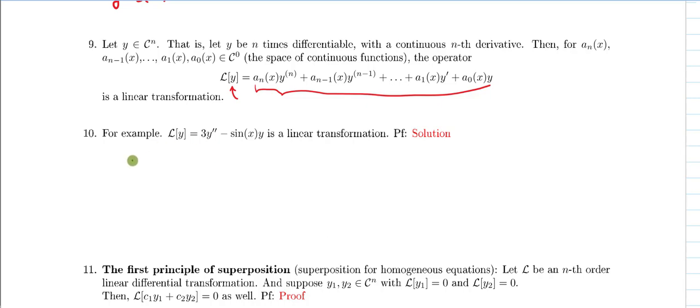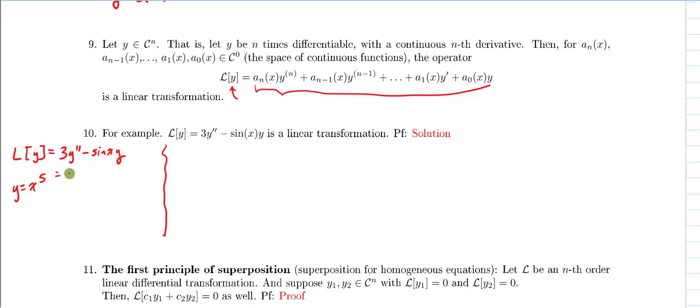Let me just convince you, before you do the proof, that what we're talking about is a linear transformation. I could take the function y equals, I don't know, x to the 5th power, and I could do L of y to it. Well, L of y would mean to take 3y double prime minus the sine of x times y.